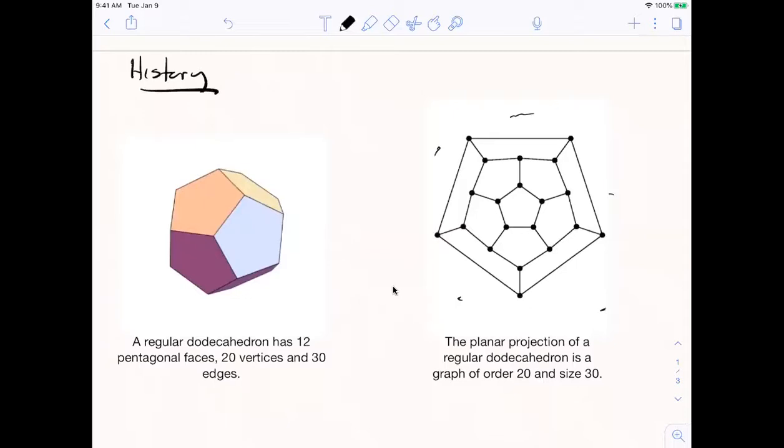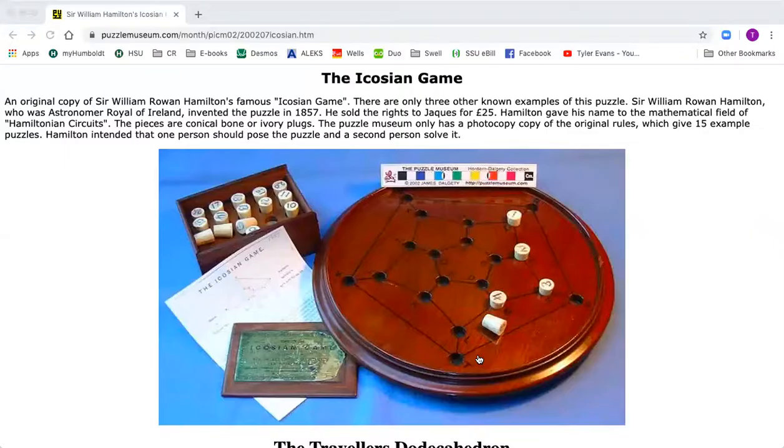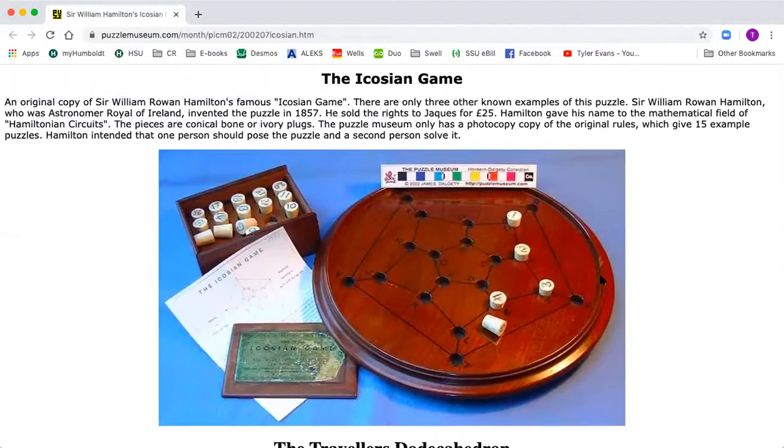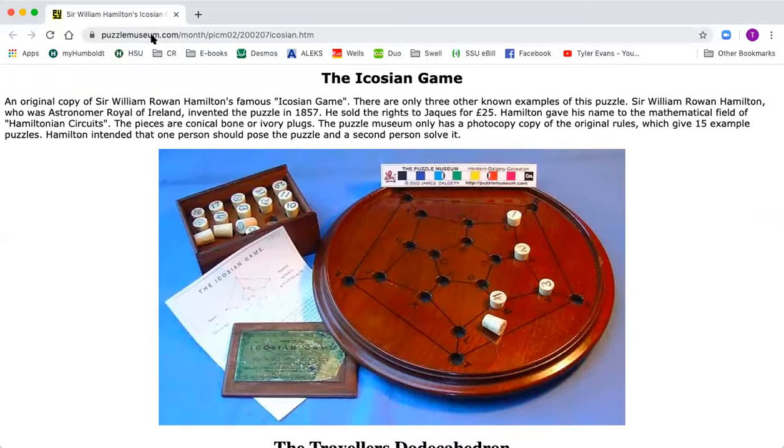And I want to look at another screen share here. I've got it set up because there's some nice pictures, and this I can give credit to. So we can take a look at this game. It was usually made out of wood. There were planar versions of it as well as 3D models. So I'm assuming you can see this screen. I'm at a website called thepuzzlemuseum.com. Check it out.